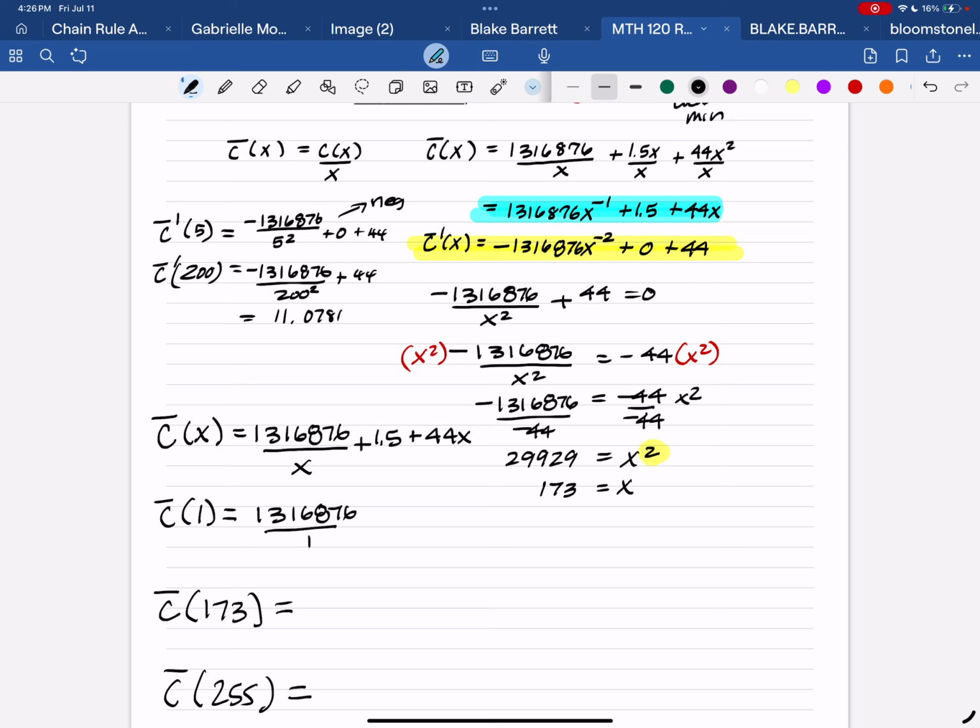So 1,316,876 divided by 1 plus 1.5 plus 44 times 1 is 1,316,921.5. Then 1,316,876 divided by 173 plus 1.5 plus 44.